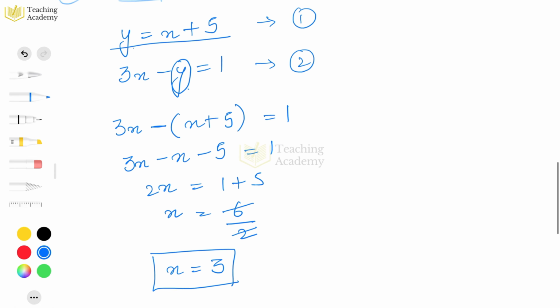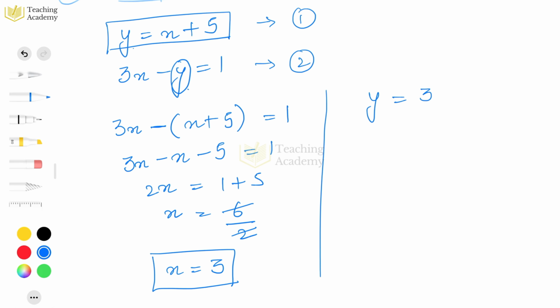Now you already have the value of x. Now you use this equation and substitute your x value in it. This is going to give you the y solution, which is 8. Look how simple this is. Easily you're getting two answers by substituting, right?